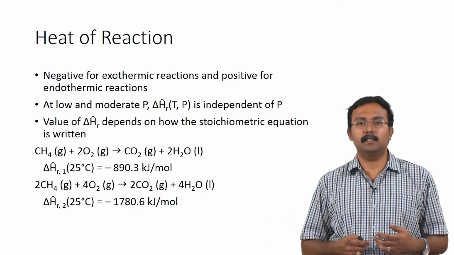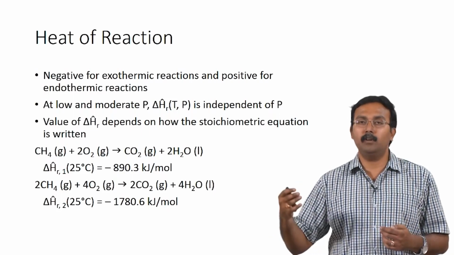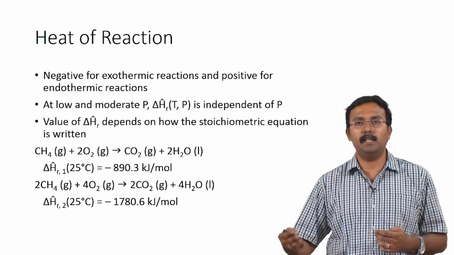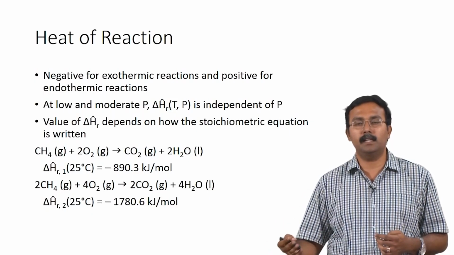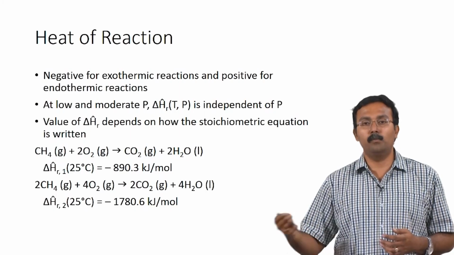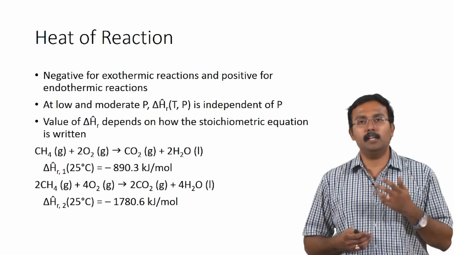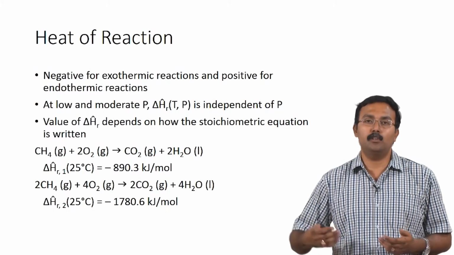Whereas, in the second reaction you have the denominator as 2 moles of methane reacting, or 4 moles of oxygen reacting, or 2 moles of carbon dioxide being formed, or 4 moles of water being formed. Because you have double the number of moles reacting or forming, the heat of reaction would also become doubled.